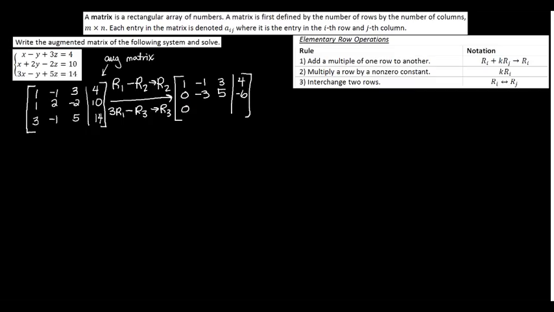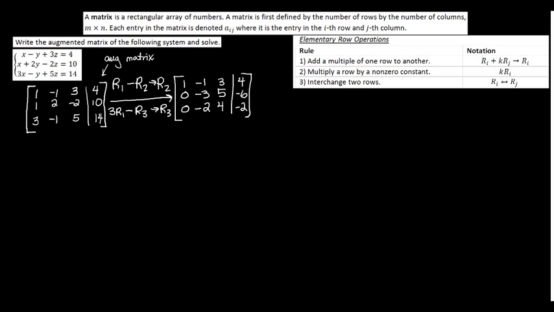Then I'll take 3 times -1, so that's -3, minus a -1 gives me -2. 3 times 3 minus 5, it's 9 minus 5 is 4. 3 times 4 is 12, minus 14 is -2.